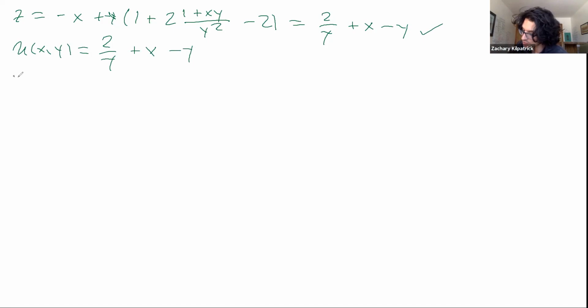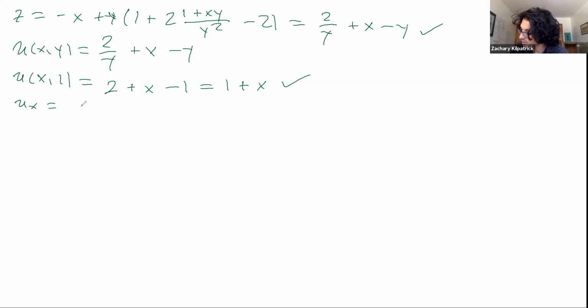Let's check if this works, okay? So first of all, what's u of x, 1? Well, that's going to be 2 plus x minus 1, which is equal to 1 plus x, which indeed is our initial condition. What about u sub x?